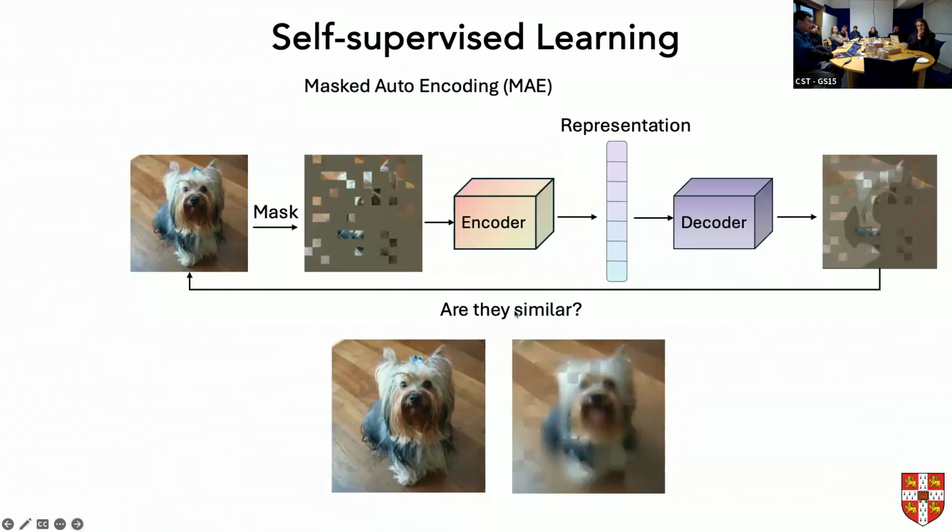If we can do that, then we can say this encoder must have learned something because it can reconstruct from this very noisy masked image to its original image. Then we can use this encoder for some other tasks. So this is the magic of self-supervised learning.